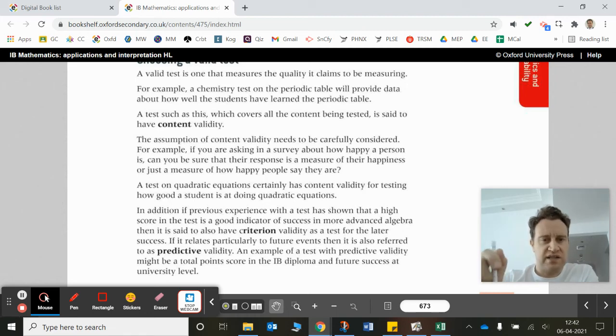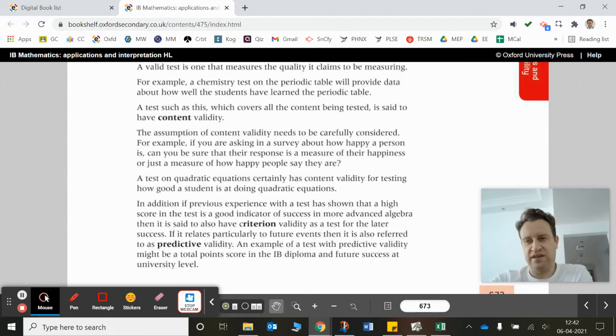Okay, when it says criterion validity here as well, that's kind of nuanced, really. That's a little bit in between the two. That's saying, in addition, if previous experience with a test has shown that a high score in a test is a good indicator of success in, say, a more advanced algebra test, then there is criterion validity.